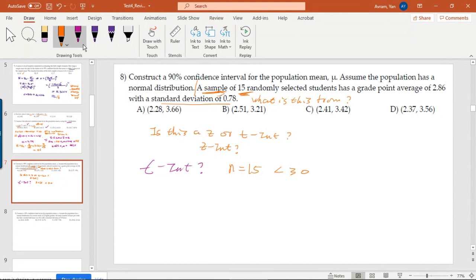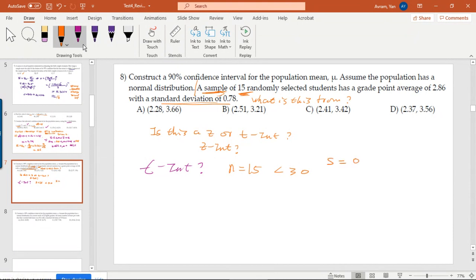These 15 students are just a sample, because that's what the question says: a sample of the 15 randomly selected students has a GPA of 2.86 with standard deviation 0.78. So this standard deviation is from the sample of the 15 students. It's not from the entire population. It didn't say it is from the entire population. So that is the key thing.